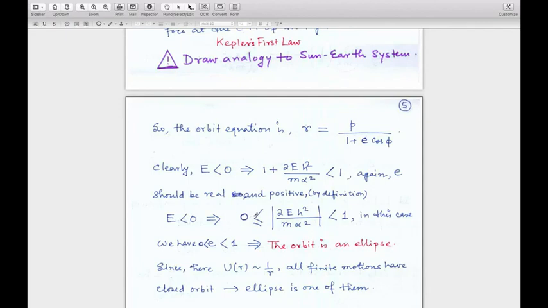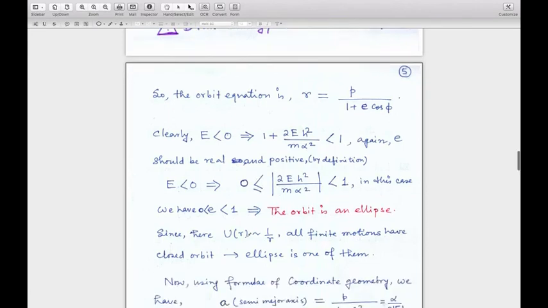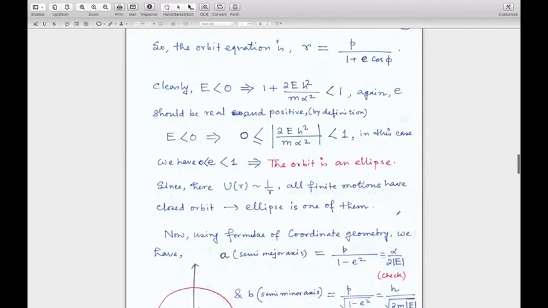That is only possible when the mod value of 2Eh square by m alpha square lies between 0 and 1. So we see that if the total energy is negative, our eccentricity lies between 0 and 1. And this is the case where the conic section is nothing but an ellipse. An ellipse is a closed conic section.